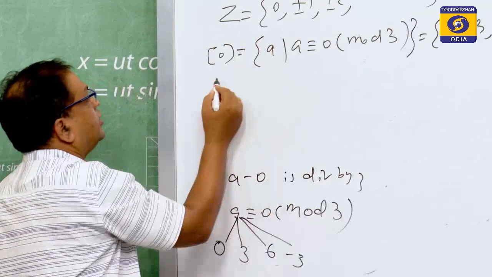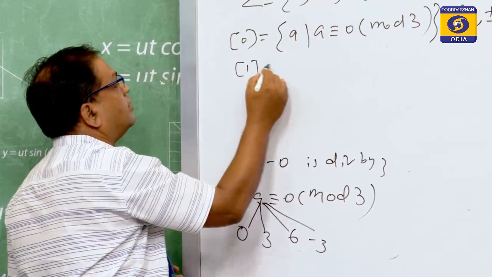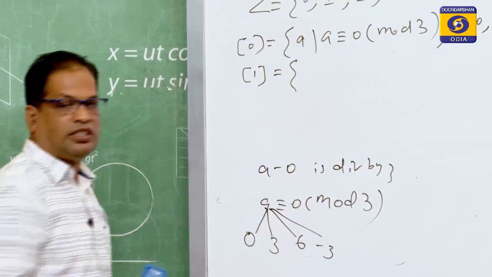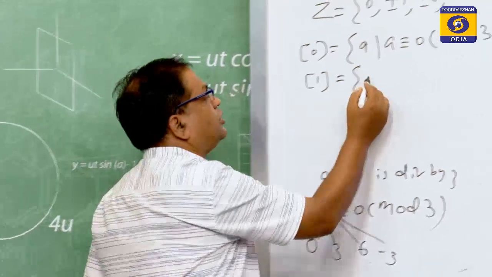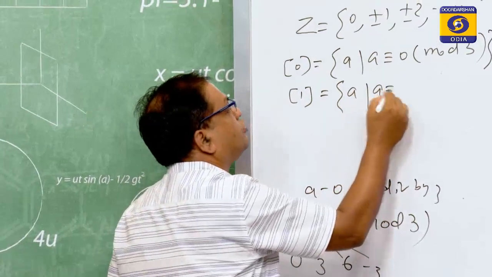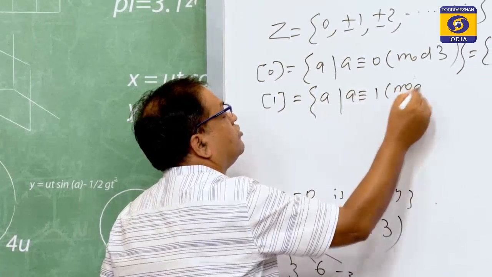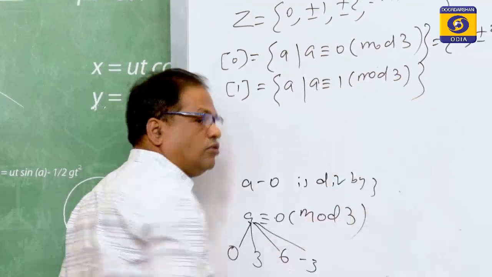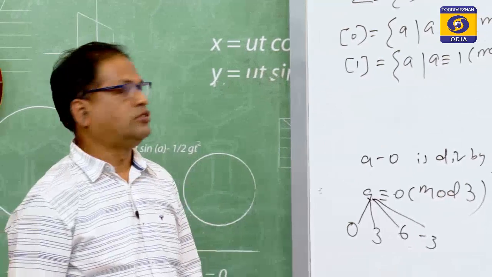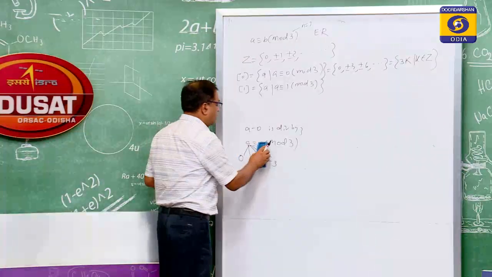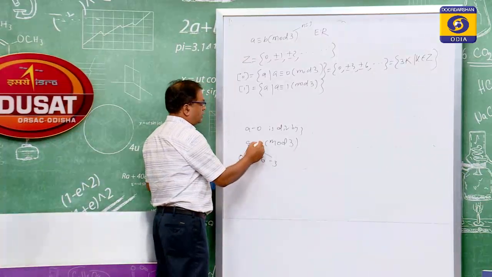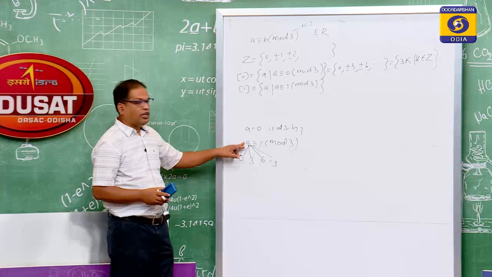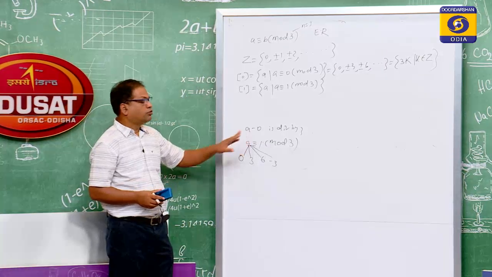So, next we will find the equivalence class of 1. What is the equivalence class of 1? The set of integers which are congruent to 1 mod 3. So, that means we have to find the values of a such that a is congruent to 1 mod 3.